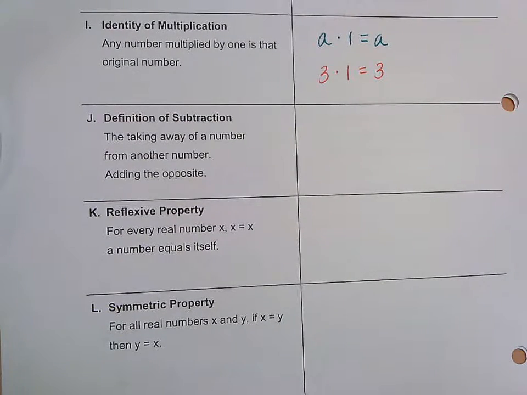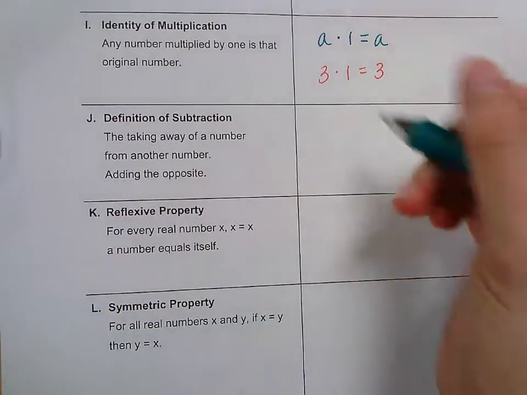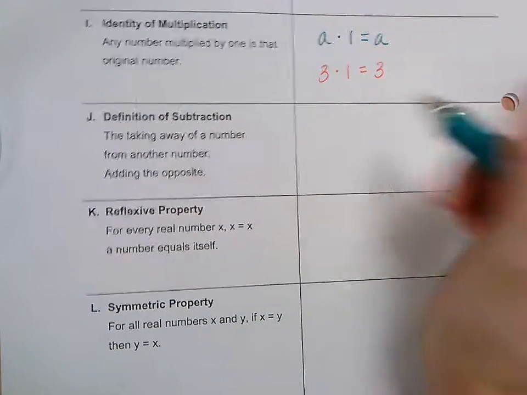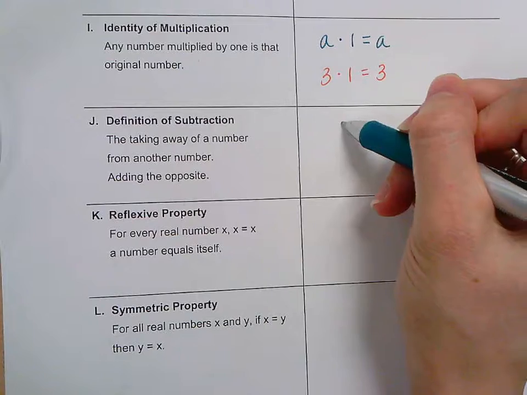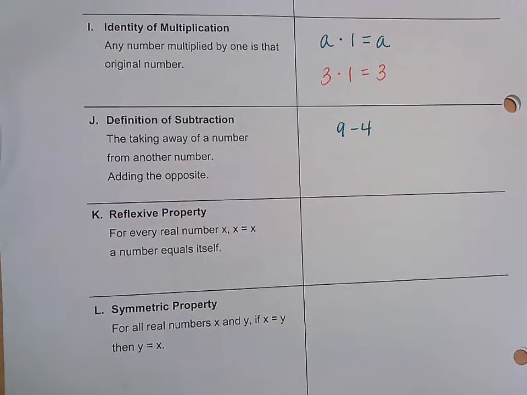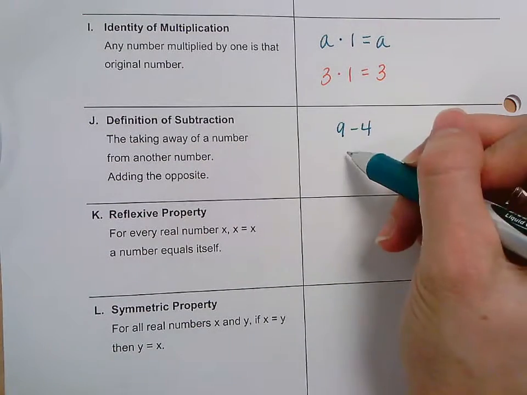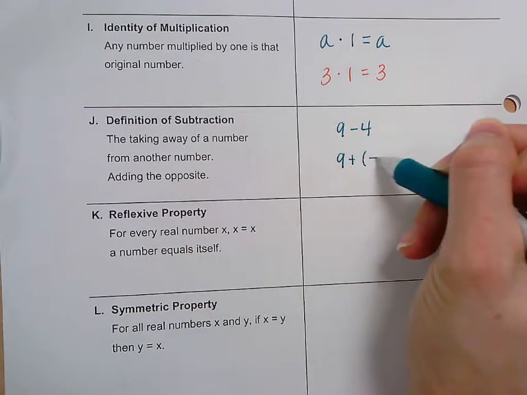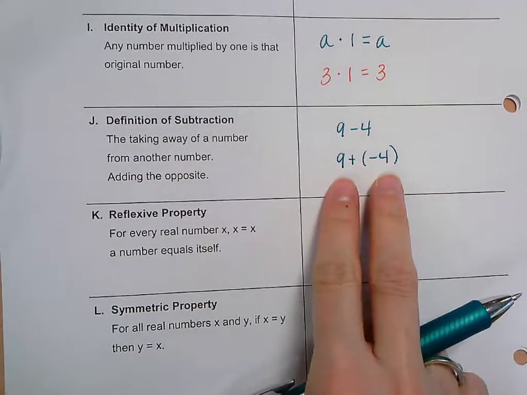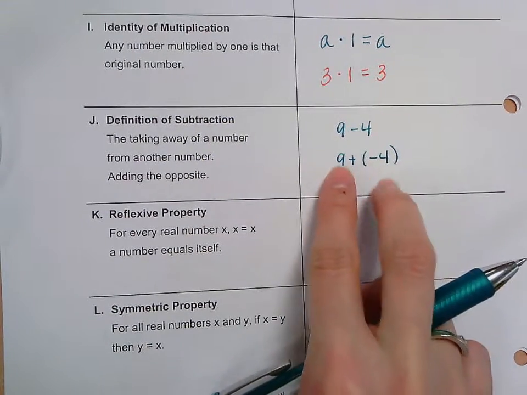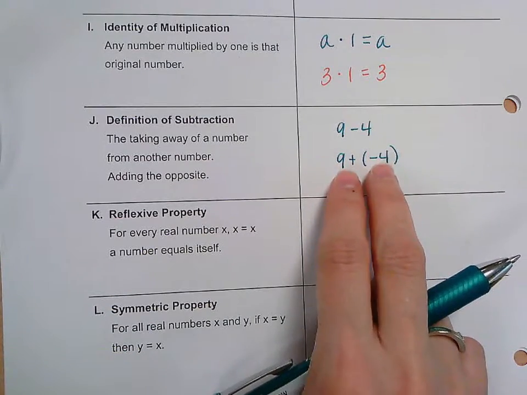And then we throw in there the definition of subtraction. Just what it means to subtract, because that will be used in some of our proofs. So the taking away of a number from another number, or adding the opposite, would also be true. So if you see, in simplifying, that you're doing something like 9 minus 4, or if you see it written as 9 plus negative 4, yes, you're seeing addition, but one number is positive, one is negative.